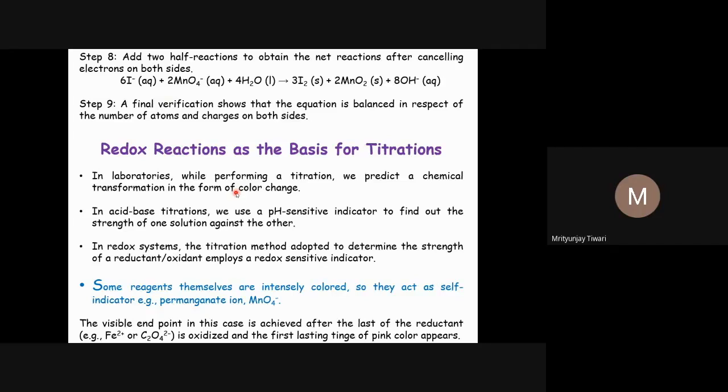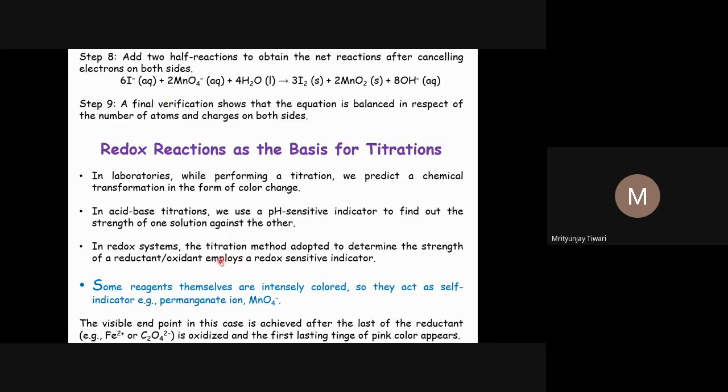If the H plus ion concentration is changing, it means the pH is changing. Based on that concentration, certain chemicals change their chemical form, and in different ionic forms they show different colors. Based on that color change, we recognize that the pH has changed from this to this. Those are the pH-sensitive indicators that we use.